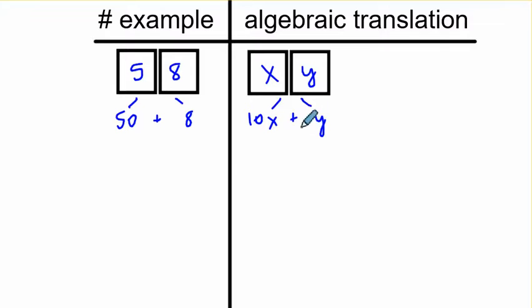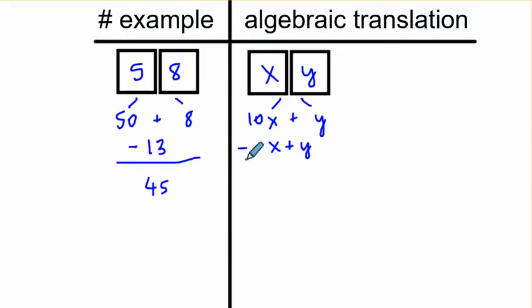All right, now the next step was to add up the digits. So we would add up 5 plus 8 and get 13 and subtract. Okay, well, with our variables, we would add up x plus y and then subtract. So when we do this with our numbers, 58 minus 13 is 45, again, a multiple of 9.